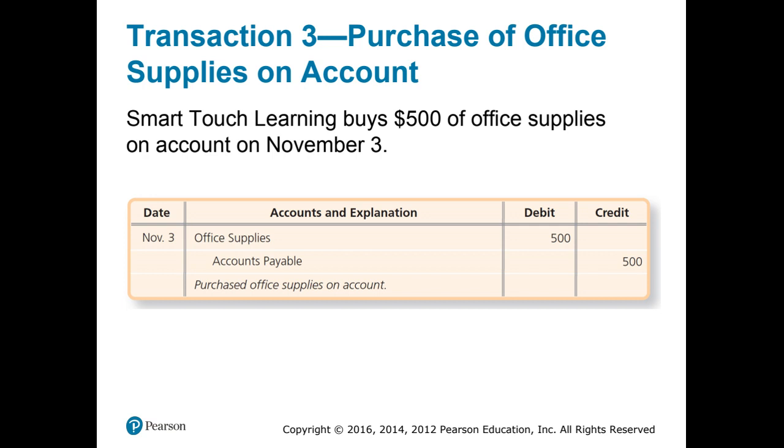Accounts payable is what type of account? Is it an asset, liability, equity? Accounts payable. Liability. So accounts payable is increasing. It's a liability, but it increases with a credit. And so we're going to debit office supplies by 500, credit accounts payable by 500, and our note is that we purchased office supplies on account.